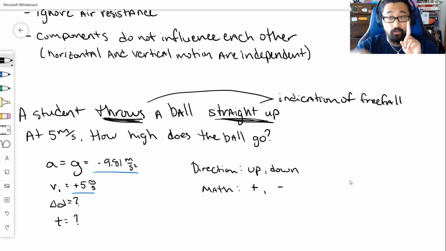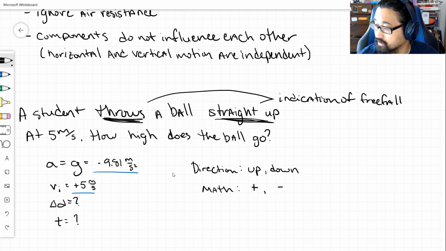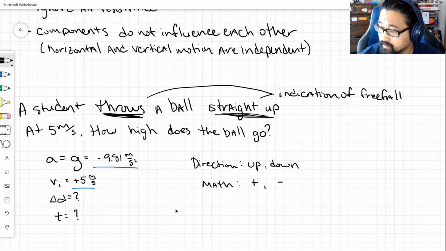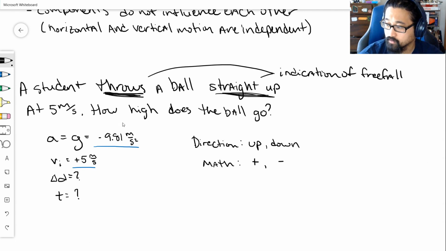In between going up and down, a very important thing happens. It stops. The fact that it stops is a big deal because we know another thing about the ball when it's at its highest point.